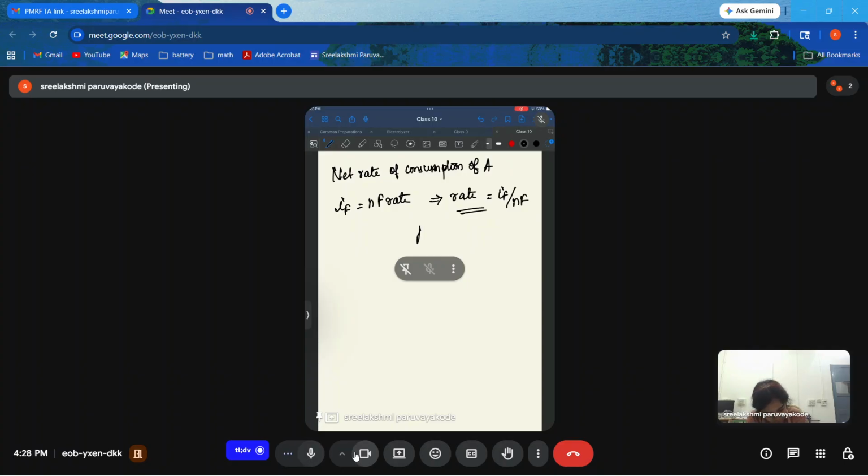Now, what is the rate? The rate is k1 Ca minus k−1 Cb, right? So that is what it is. dA ∂Ca/∂x equals, talking about the net rate of consumption of A, which is equal to k1 dc Ca at x equal to 0 minus k−1 dc Cb at x equal to 0.